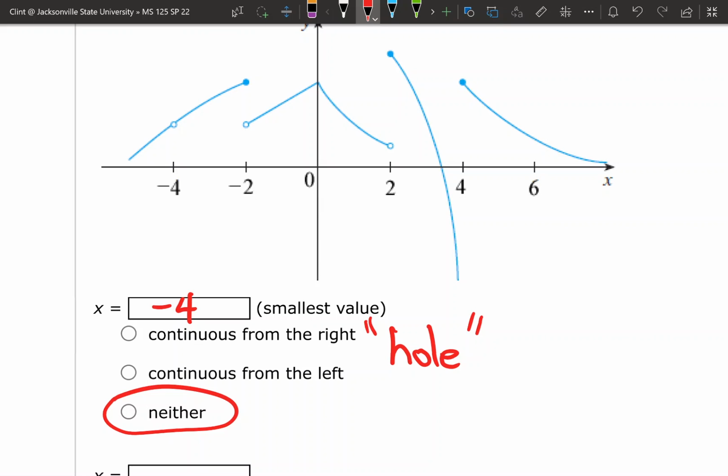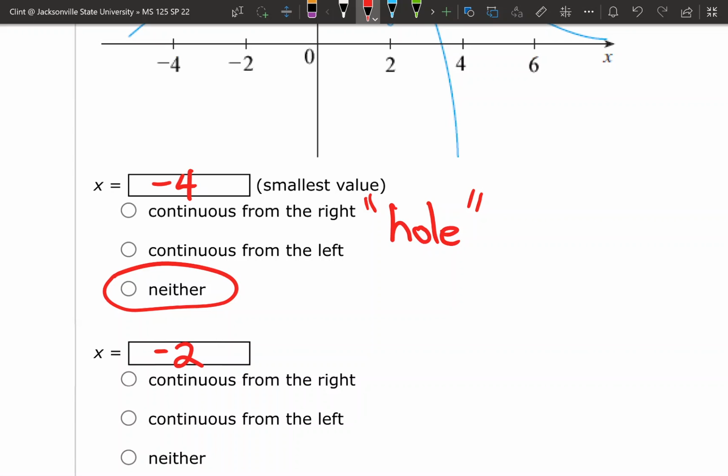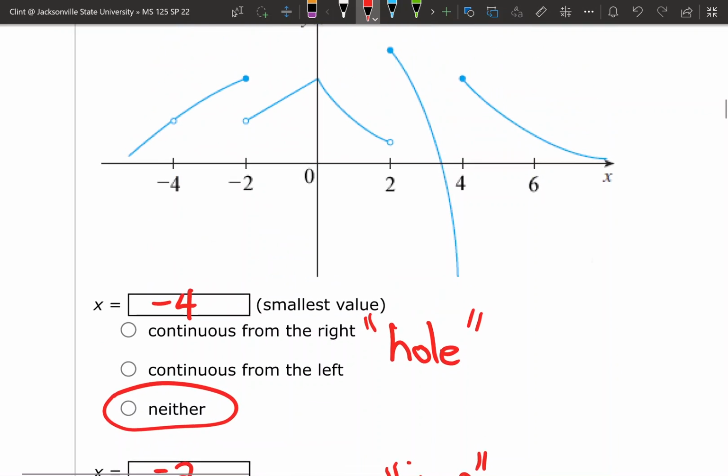Where's our next discontinuity going to be? -2, and what kind would we call that? Jump. Yep. I probably won't make you name them, but they're good to know though.